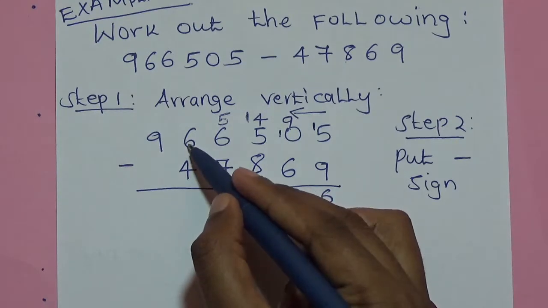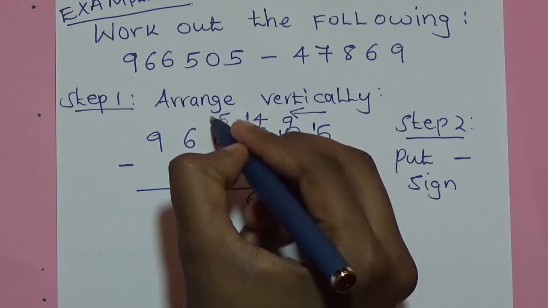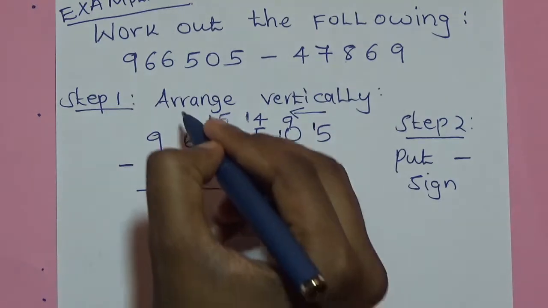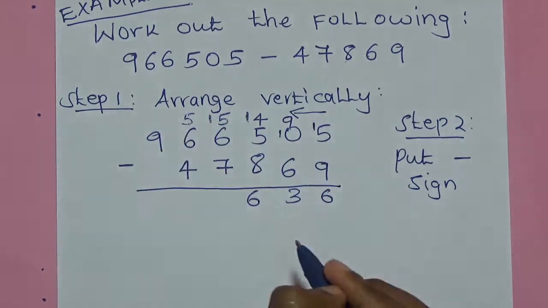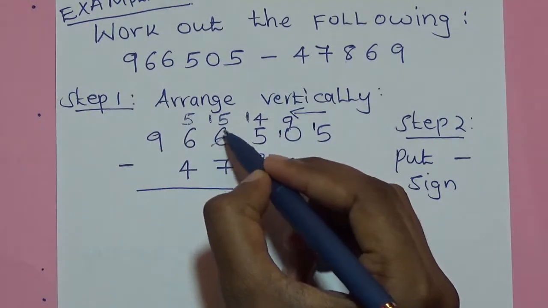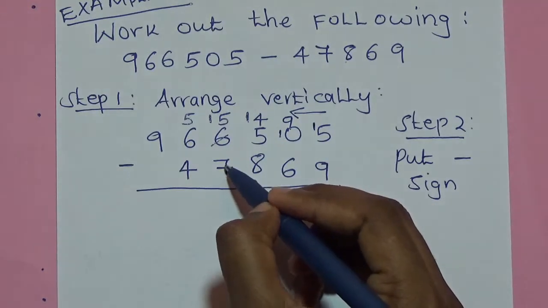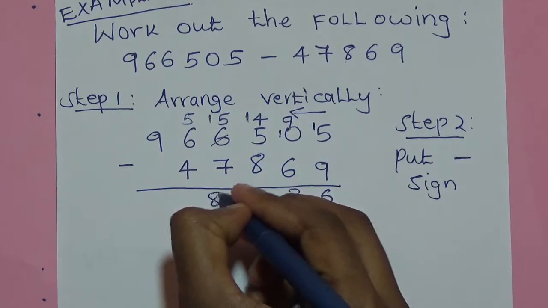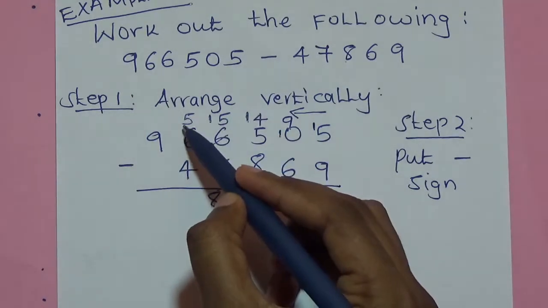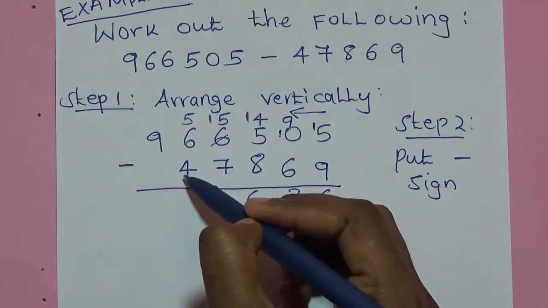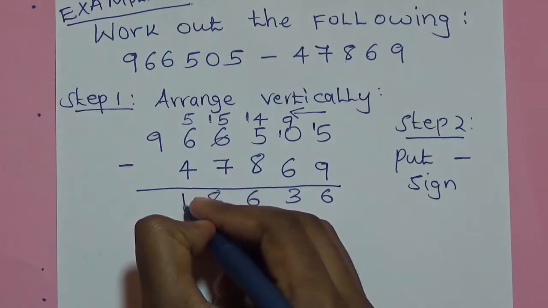We borrow 1 from 6 again here. So we have 15, and here we are left with 5. So 15 we subtract 7 will give us 8. And here we are left with 5. 5 we subtract 4 will give us 1.